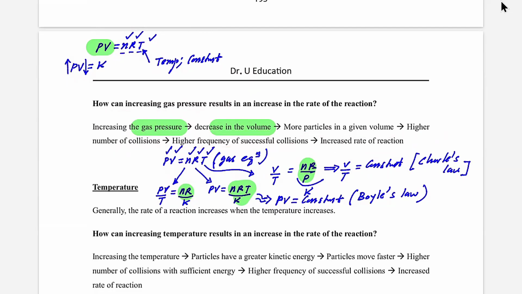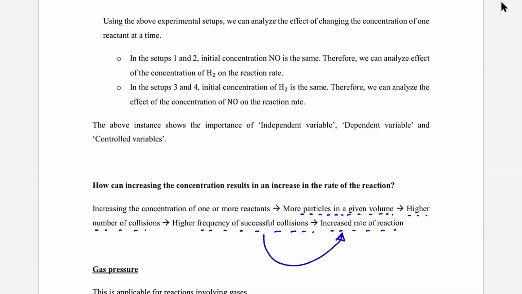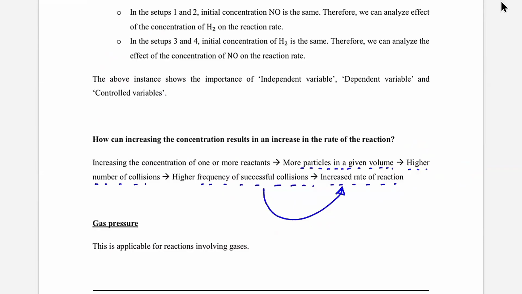So you have to understand, no matter what, are you listening? If you want to have an increase of the rate of reaction, you have to have successful collisions. So whatever logic you are bringing in should be leading to this successful collision theory. If you look into the previous one also, you can see successful collisions and increase in the rate.